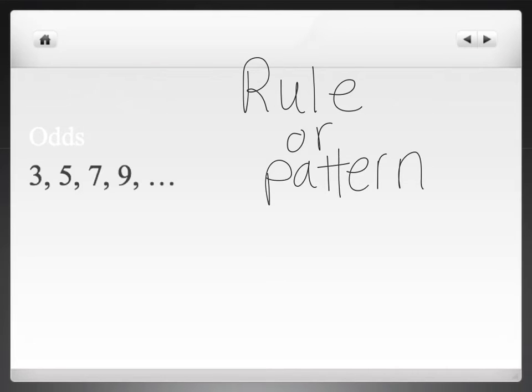So if I look at these numbers here, I need to determine what the rule is. How do I get to the next number? So I can see from 3 to 5, we're adding 2 again. And so from 5 to 7, again, I'm adding 2. And 7 to 9, I'm adding 2. So for the evens and the odds, both of my rules or patterns would be add 2.